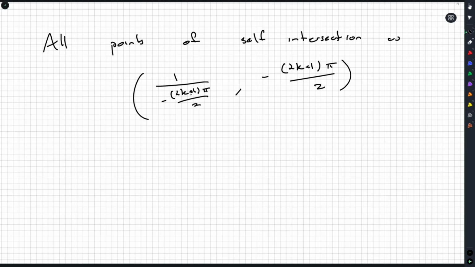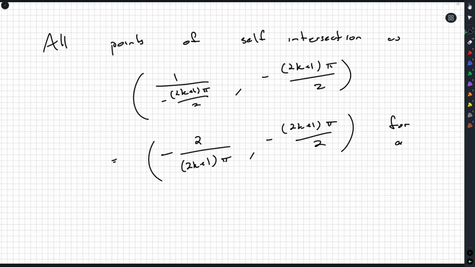Of course, 1 over a fraction, you'd get 2 over, so minus 2 over (2k plus 1) pi, and then minus (2k plus 1) pi over 2. So we'll say for all integers k.